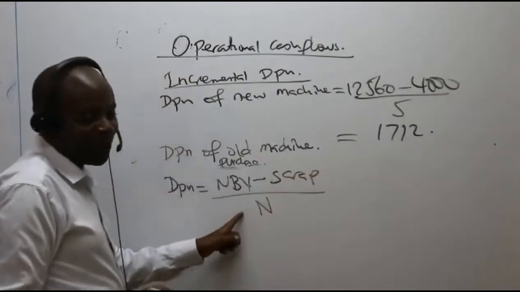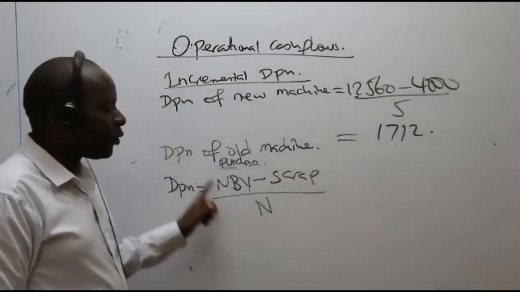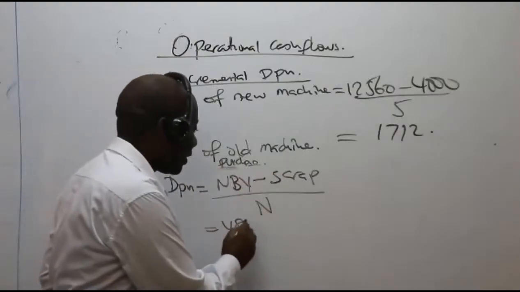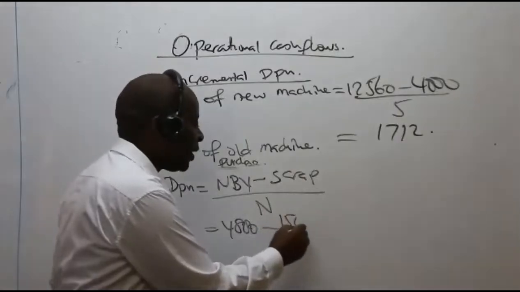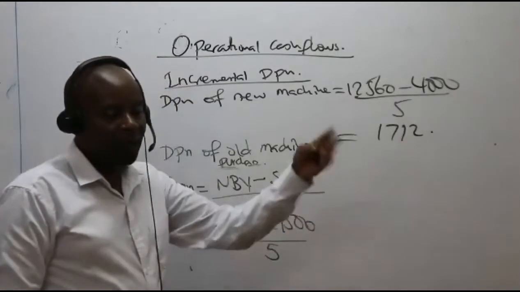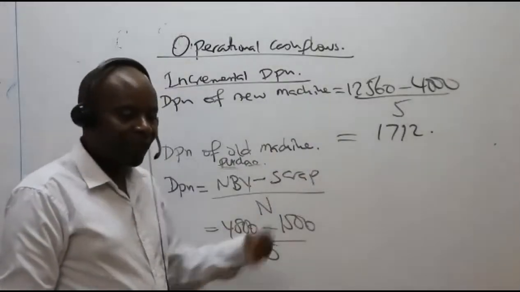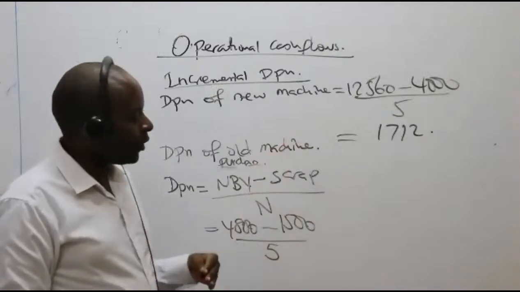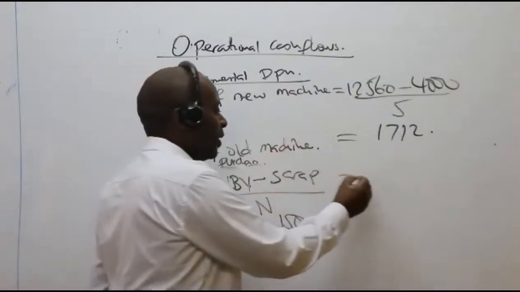So net book value as at the time of changing the period is 4,800 minus the scrap, which is 1,500, all over n, which is what year? 5 years from today, moving forward. Don't tell me the thing of 7. Moving forward, 5.